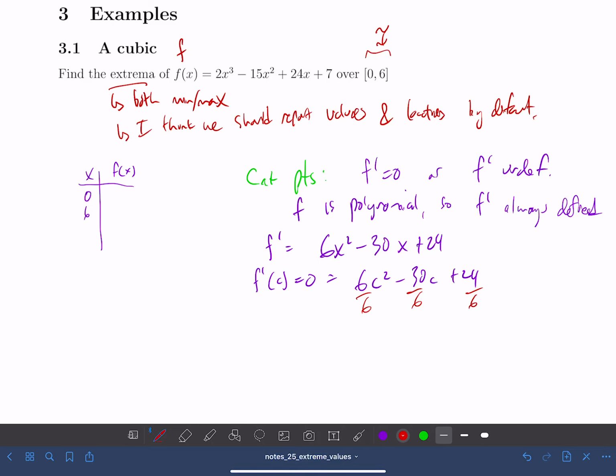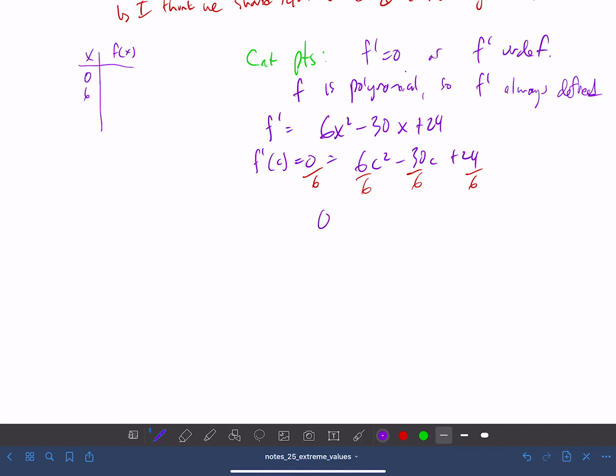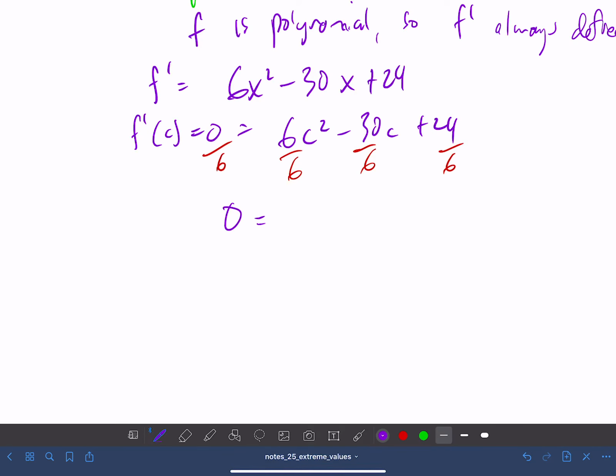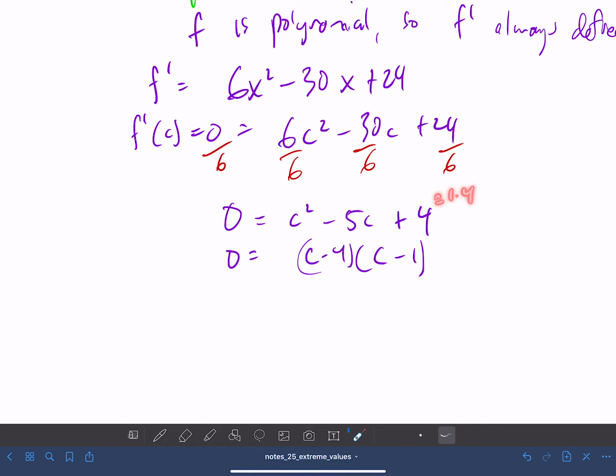So let's divide by 6, and I'll get 0 equals c squared minus 5c plus 4. Ooh, and this factors as c minus 4, c minus 1. I knew that because I saw that this minus 5 right here is, you know, 4 is 1 times 4. 1 plus 4 equals 5.